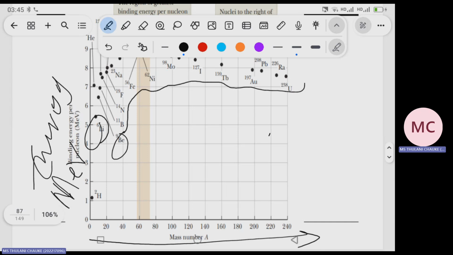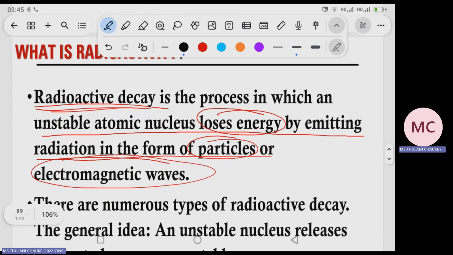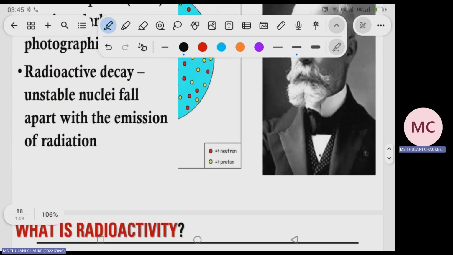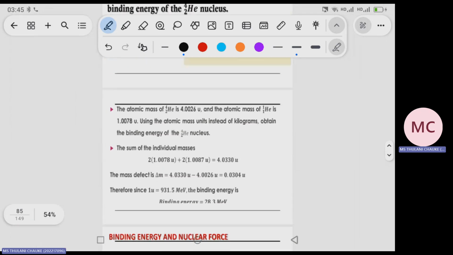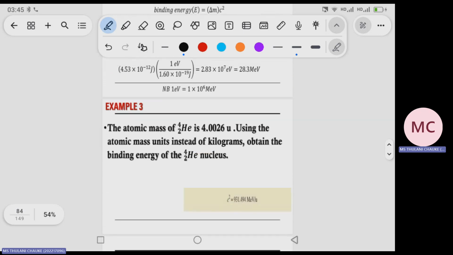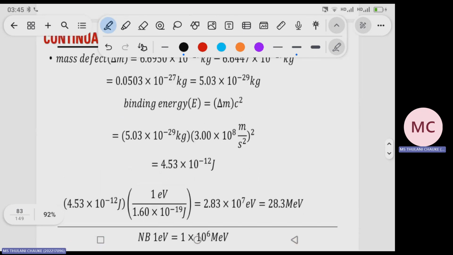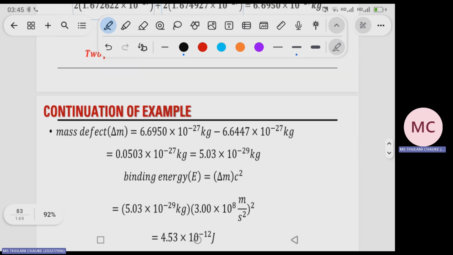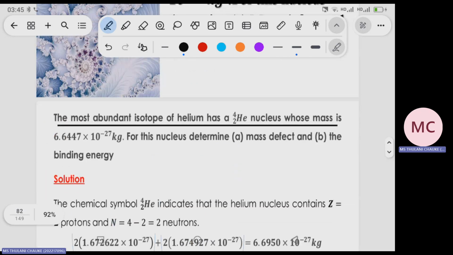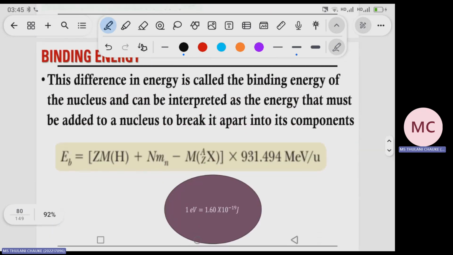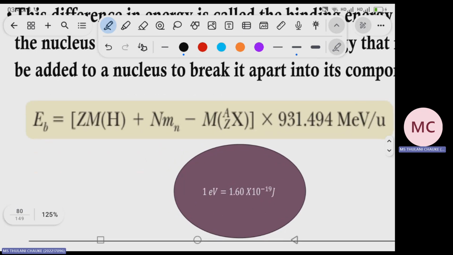Those are the units, MeV. So this is the formula for binding energy.